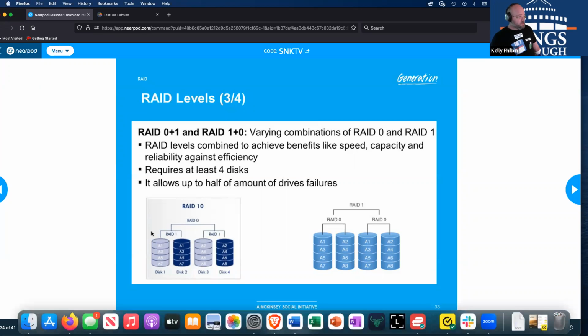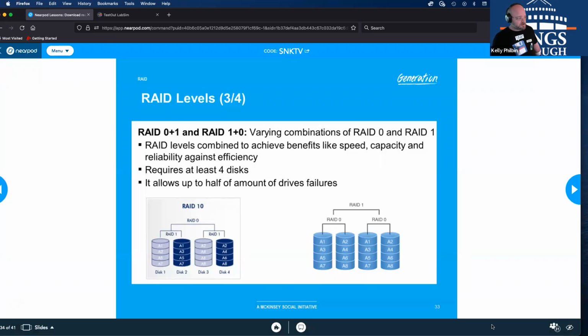Over here where we have the RAID 10, you have your mirrors over here, right? The first bit goes into this group and the second bit goes into this group. So if you lose drives 1 and 2, you're done. You've lost all your data because you're losing half of it.